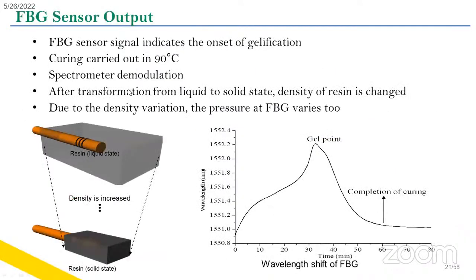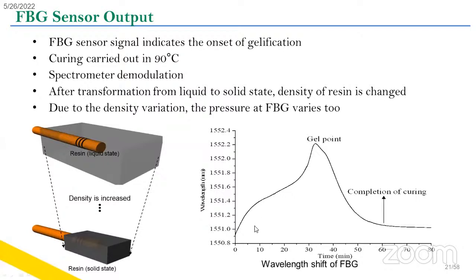Here you can see this is the FBG sensor output. Initially, the resin is in a liquid state. When the curing is happening, the density increases, and the resin becomes solid. As I mentioned earlier, the FBG is susceptible to both temperature as well as strain. When the resin is shrinking, it shows more effect on the sensor. Here you can see initially the sensor signal is almost 1551 nanometer.